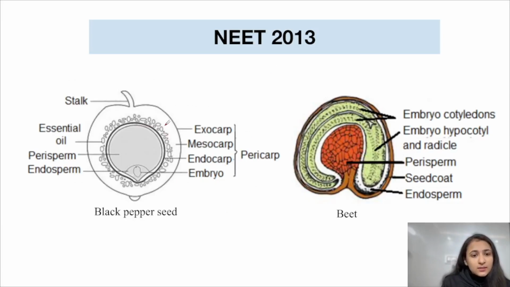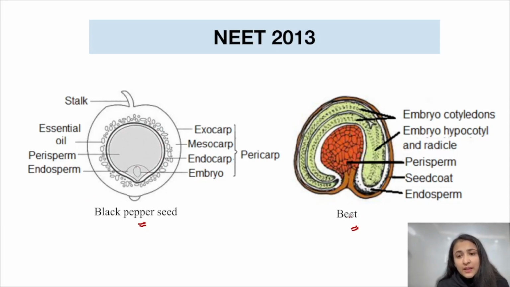It is present in black pepper, and in beet also. Certain other examples are also there. This region is the perisperm. This is the endosperm which is surrounding the embryo, and this region here represents the perisperm. This is in black pepper.